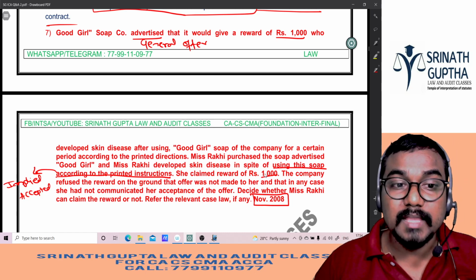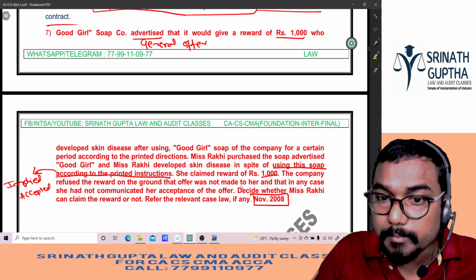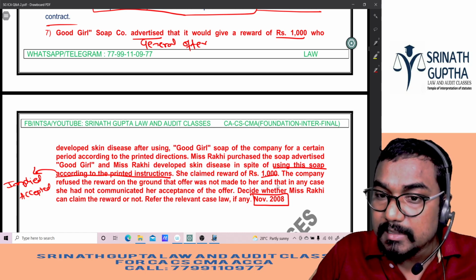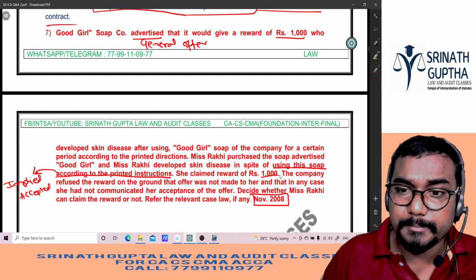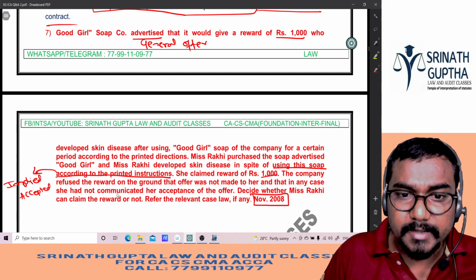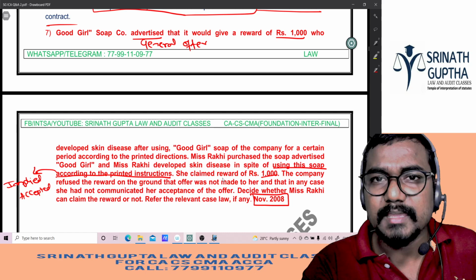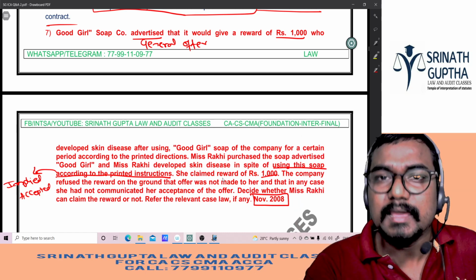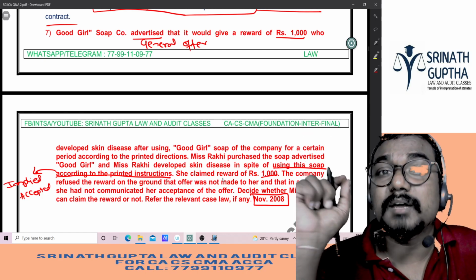The company refused the reward on the ground that the offer was not made to her and that she did not communicate her acceptance of the offer. The company is saying, I never saw Raki, I never gave any offer to her, and Raki never came to our company to give acceptance. That is the argument of the company.